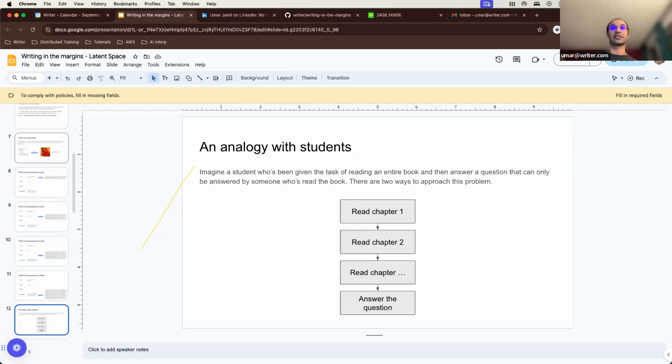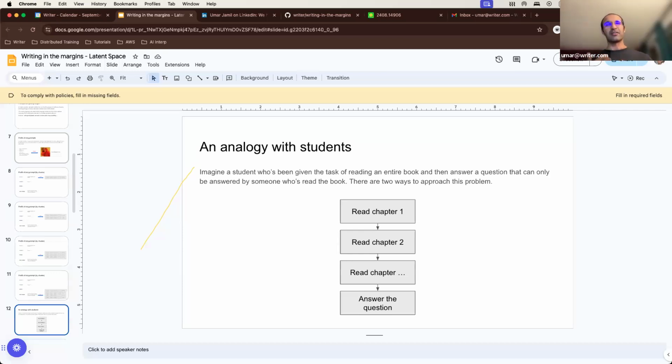Then the student would read the second chapter, and now the brain of the student contains information about the first chapter and the second chapter of the book, and then etc., until the student reads the last chapter. Now the brain of the student contains information about all the chapters, and then the student will be given the question. And then the student has to leverage the information that he has read from the book to answer this question. However, the student would struggle to do it.